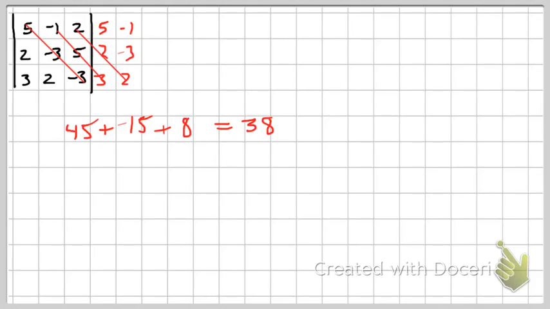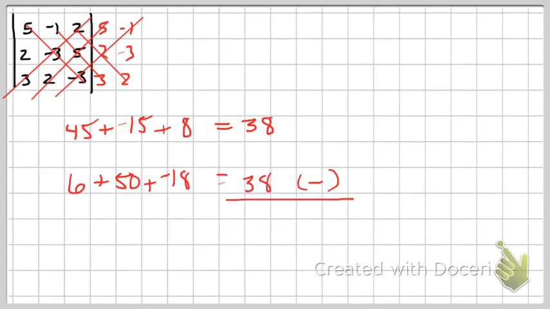Negative 1 times 2 times negative 3 is 6. 5 times 5 times 2 is 50. And 2 times 3 times negative 3 is negative 18, which is 38. Subtract. The determinant of that matrix is 0.